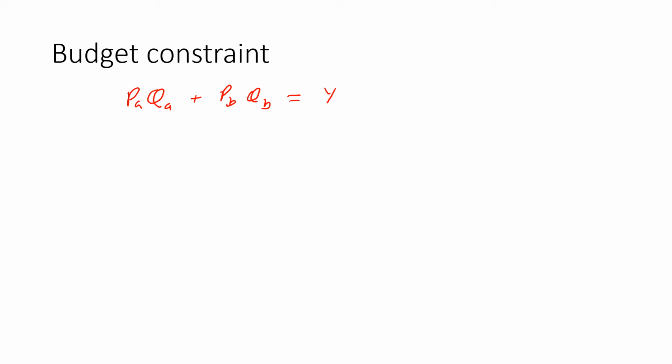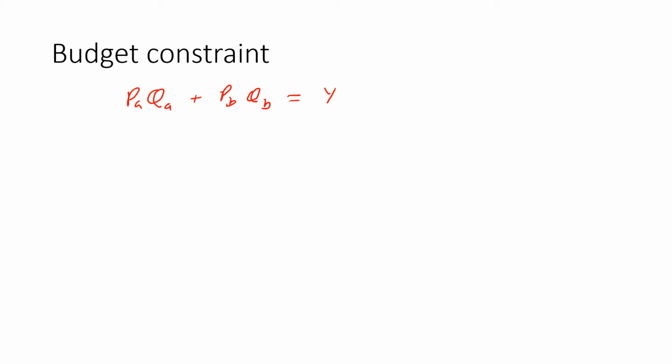Now, how much of QA can we consume, and how much of QB can we consume? So we can write this in the form of QA and QB as well.